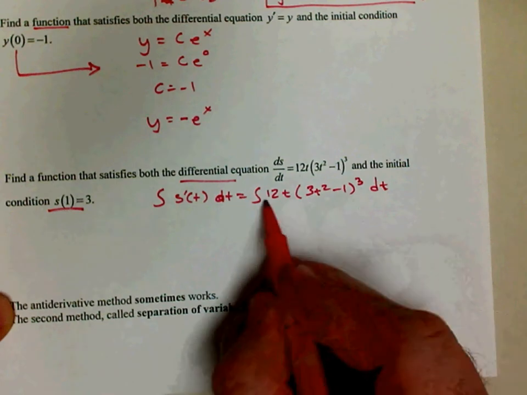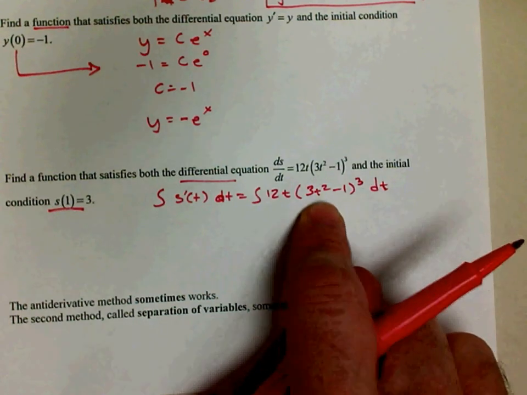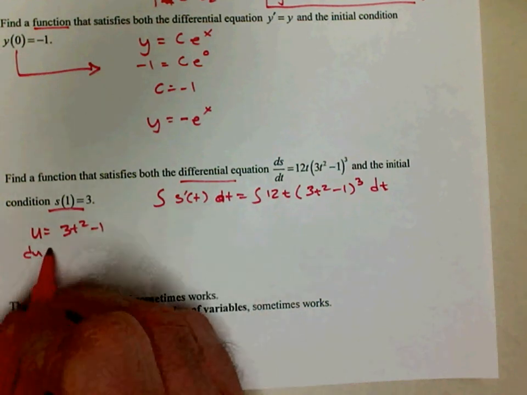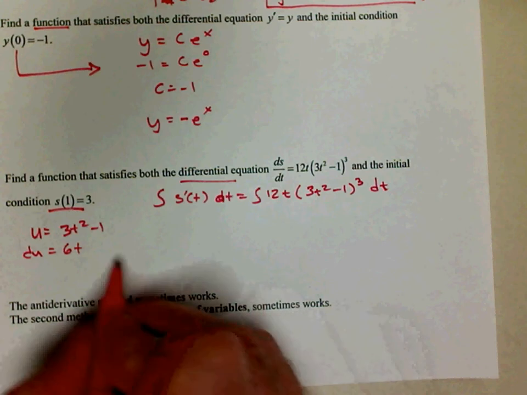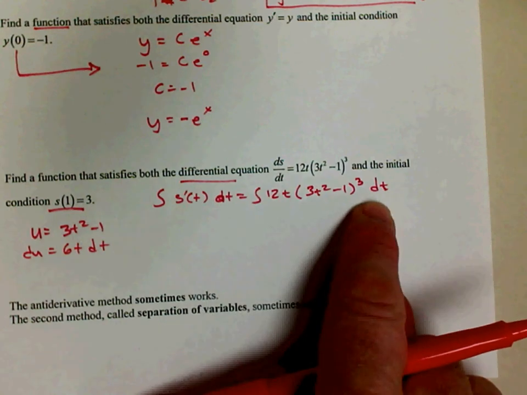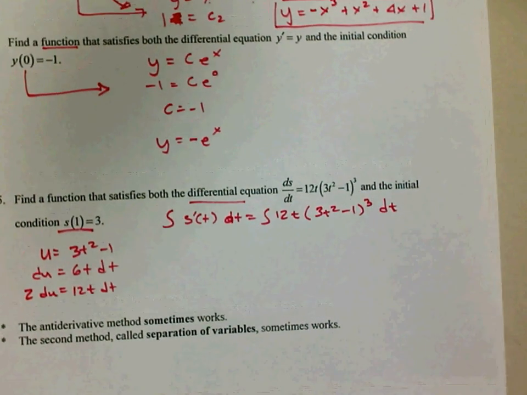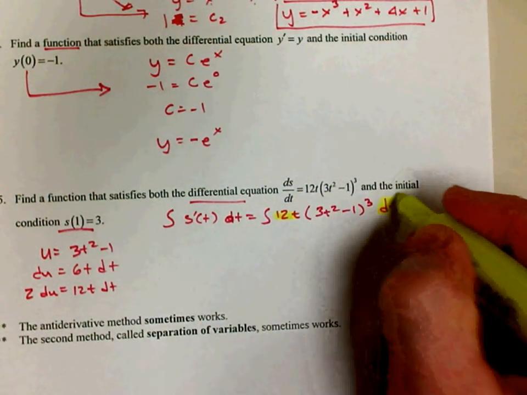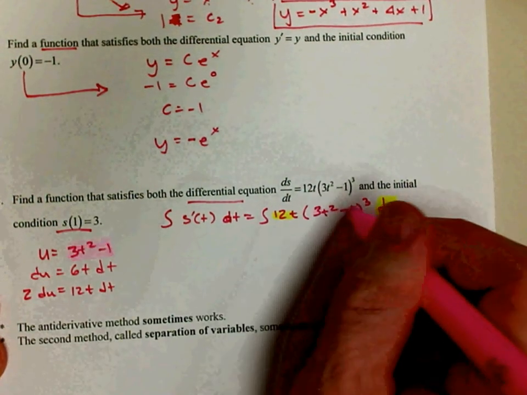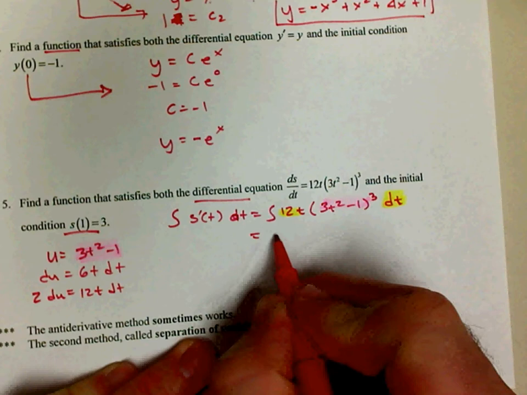So let's just attack this, and let's set u equal to 3t squared minus 1. du then would equal 6t dt, which means if we want 12t dt, 2 du would equal 12t dt, and that'll take care of these two guys here, with this being u. So substituting, this will be 2. I'll put that in front of my integral so it doesn't mess me up or get in my way. U cubed du.